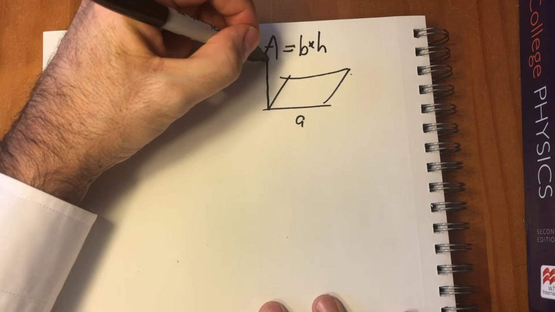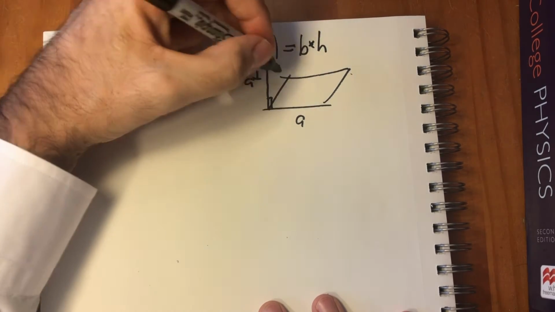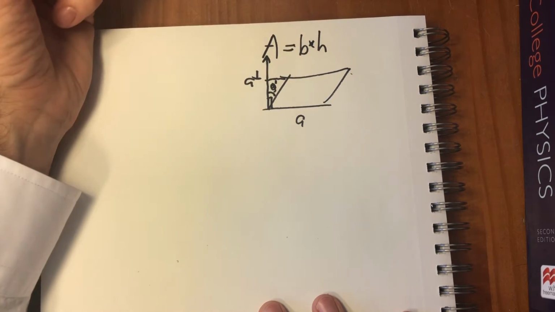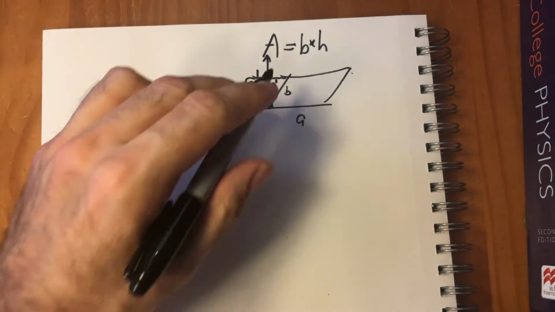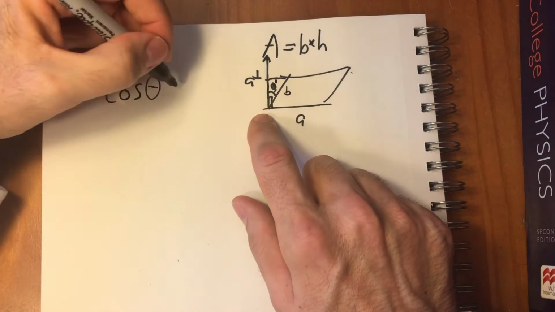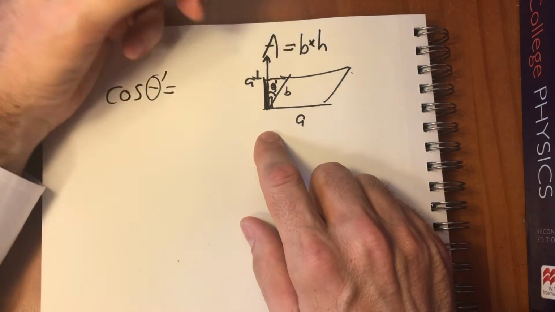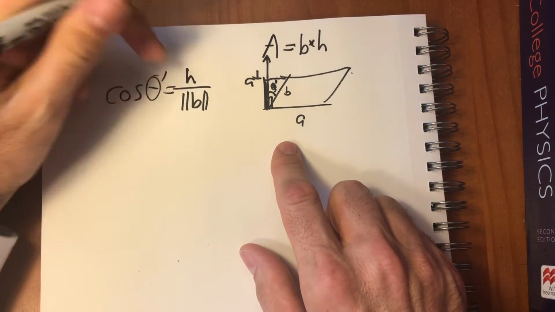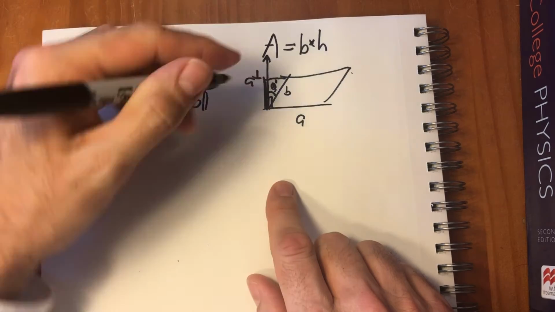So if we take the perpendicular vector here, and we take this angle, and this is B. Again, what's the cosine of that angle? Is the adjacent, which is this, over the length of the hypotenuse. Okay, so we're looking at this.